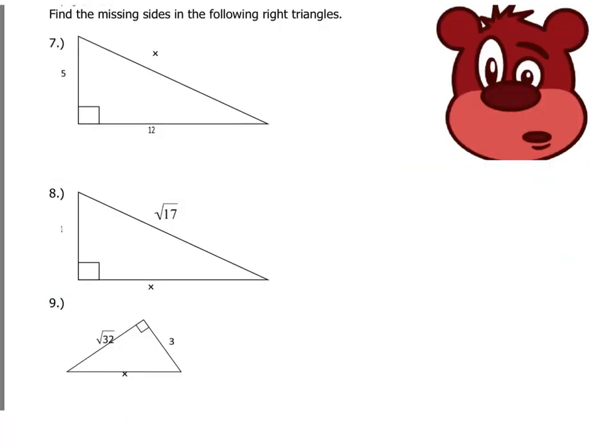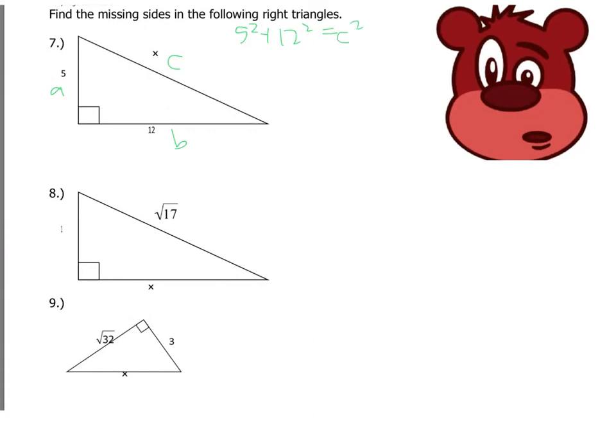All right, we're going to find the missing side. So now that we have gone through how to determine if it's a right triangle, we're now going to see if we can find the missing sides. So for 7, it doesn't matter which one you pick as A or B, but the missing side is the hypotenuse, so that's the C. So 5 squared plus 12 squared equals C squared.